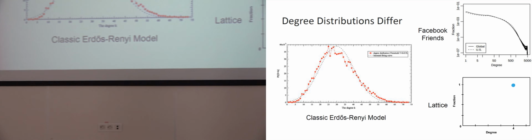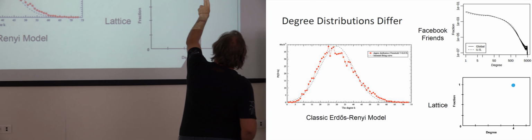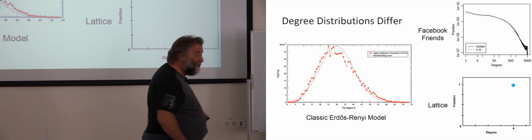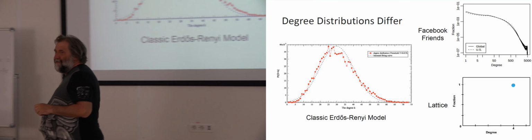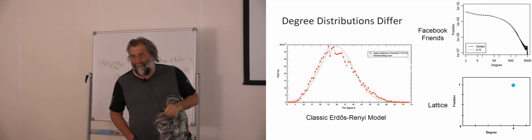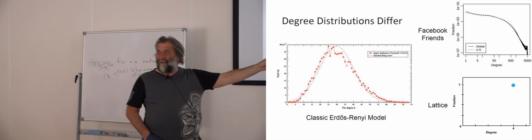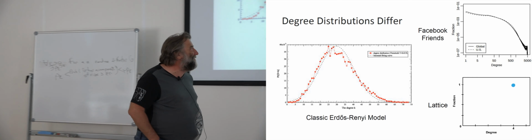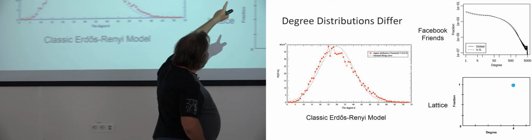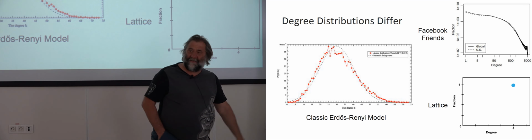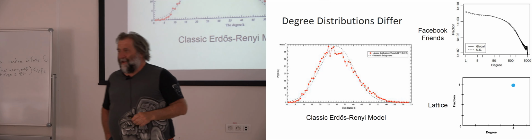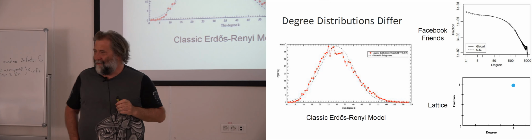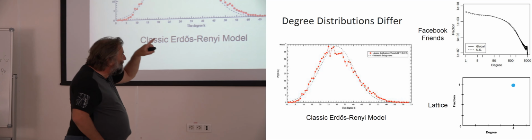It drops to 0 at 5,000, and also it's a little bit low for numbers that are less than 20. Right? So why is that? Well, it's because Facebook doesn't allow you to have any more than 5,000 friends. Right? And it's also because if you've got less than 20 friends, Facebook sends messages to all your friends saying, help Bruce get friends. Right? And that's why you have that little dip.